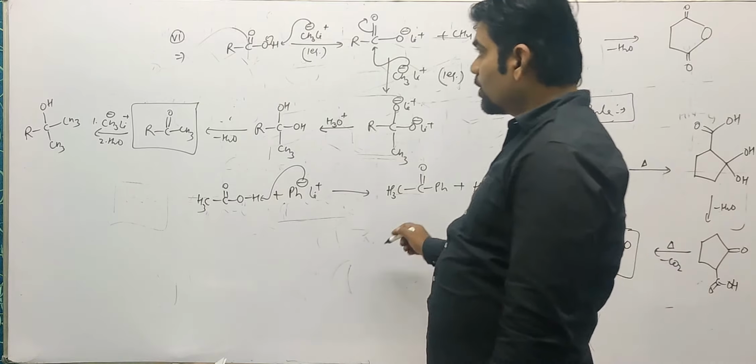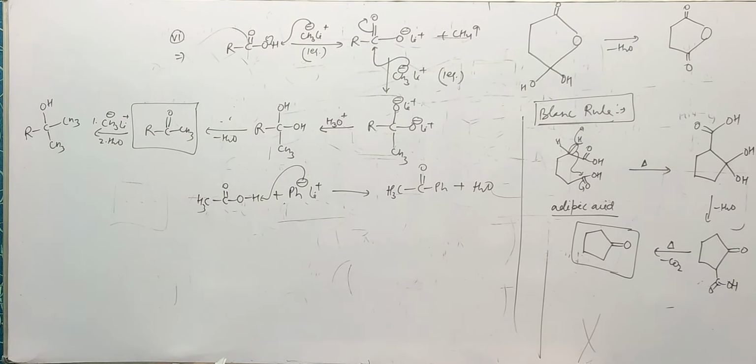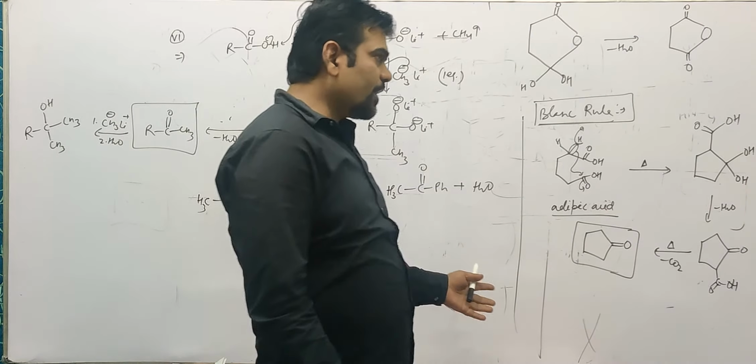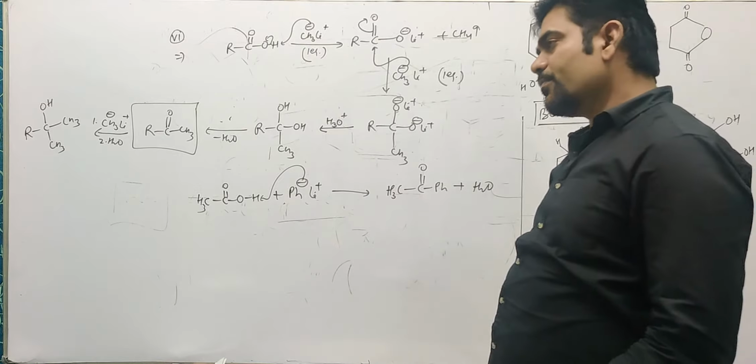Alright, so these were the reactions of nucleophilic acyl substitution. Now the next reaction: it was the second reaction where nucleophilic substitution was taking place. So we did basic reactions due to cleavage of the oxygen-hydrogen bond.